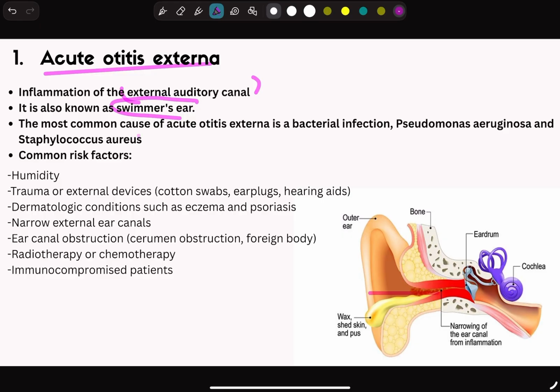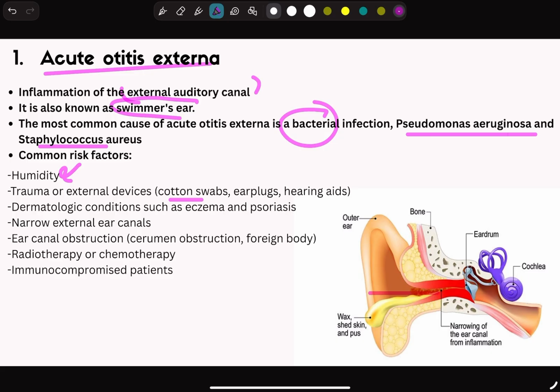What are the common causes? It's bacterial infection, most commonly Pseudomonas aeruginosa, as well as Staphylococcus aureus. As we said, the common risk factors: water, so humidity is one of them. Trauma, using cotton swabs a lot.